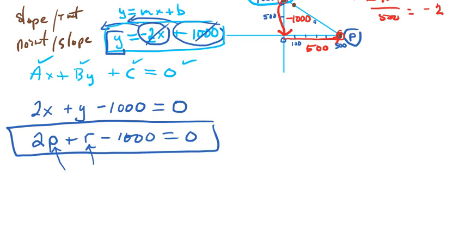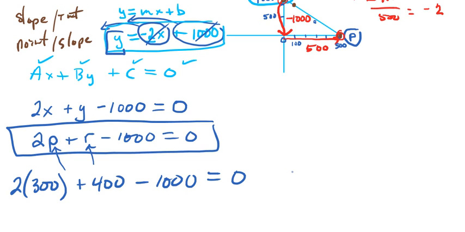That's what I would suggest would be your easiest way of checking. So if you plug 300 in for P and 400 in for R, is this statement now true?